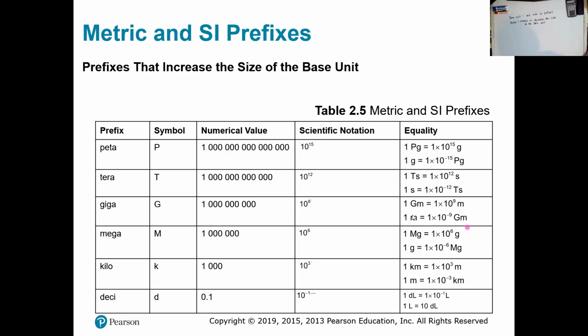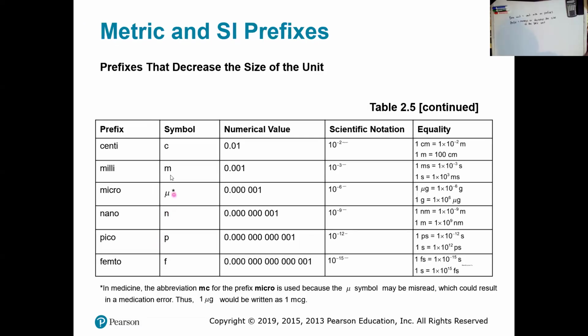Now, what you're seeing on these tables is the name of the prefix and the symbol that goes along with them. You have to pay attention with prefixes not only to the letter, but to whether the letter is capitalized or not. So you'll see here there's a prefix mega, and that prefix mega is given a capital M. And it's often confused with milli, but the prefix milli has a lowercase m.